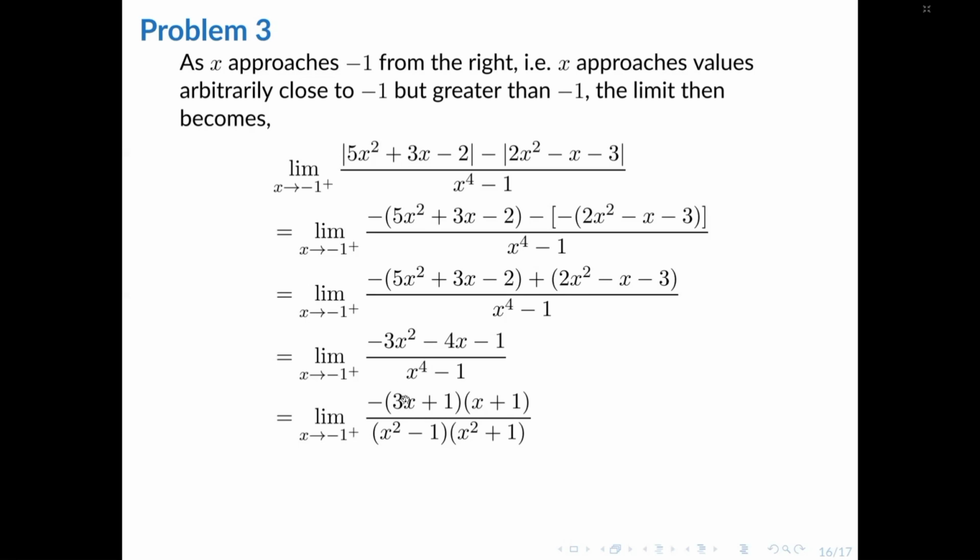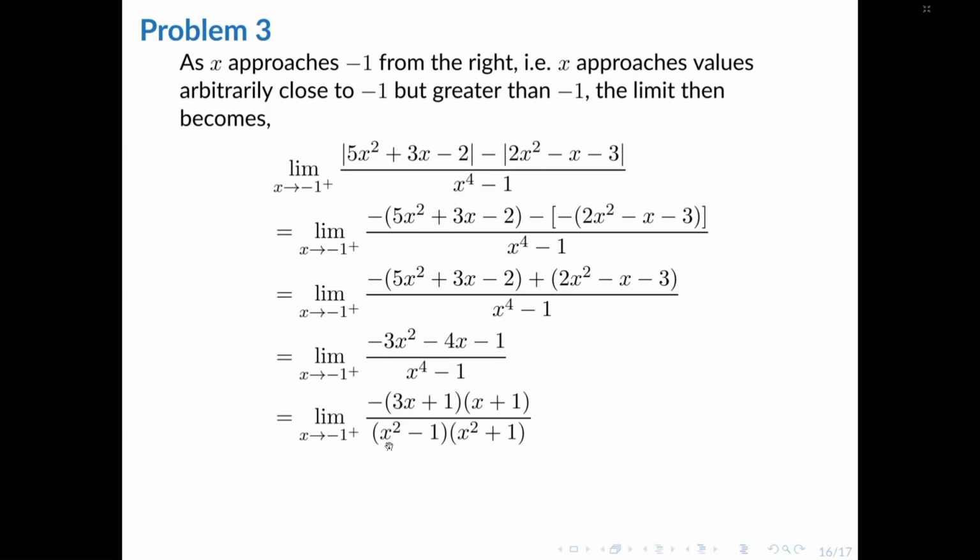So you can use the method of factoring to solve this limit. You can't use rationalization because obviously there's no radical sign here. So factoring the denominator, we get x squared minus 1 and x squared plus 1. And factoring the numerator, we get negative 3x plus 1 and x plus 1.